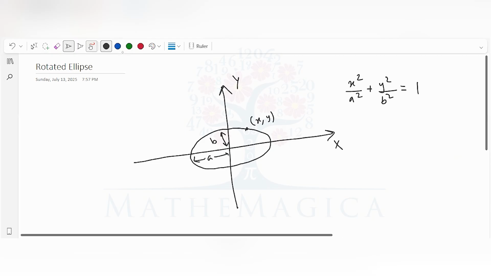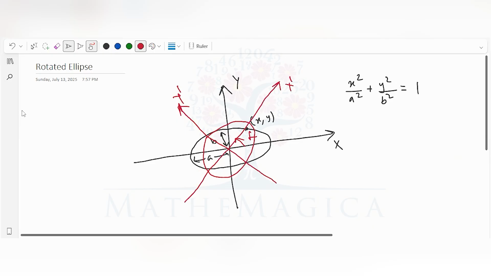Right? Now, let's say the same ellipse is rotated through an angle alpha such that this is your rotated system of axes, this is x prime, this is y prime, and this angle of rotation is alpha, and the new rotated ellipse looks somewhat like this. What should be the equation of this rotated ellipse with respect to the xy plane?